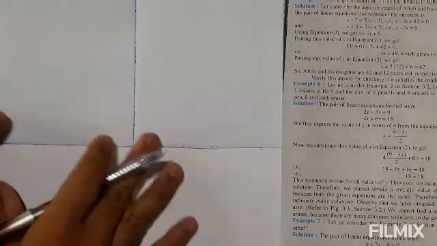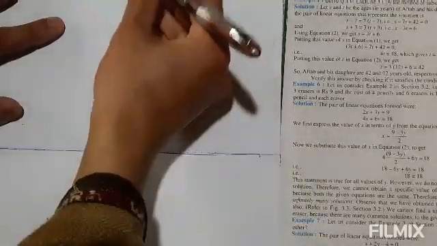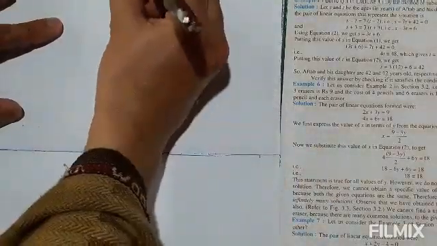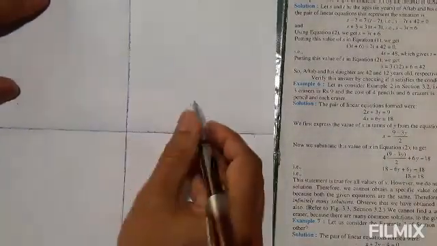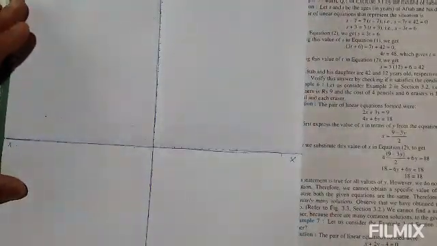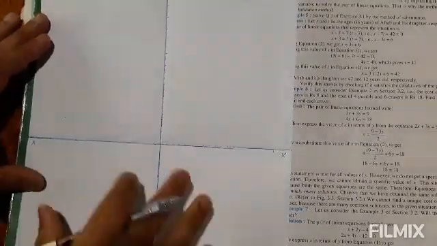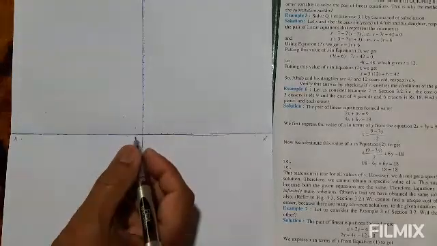So this is the plain paper. I have drawn the x-axis and y-axis. This is the y-axis, and this is the x-axis. Before we draw the points on it, what do we have to see?